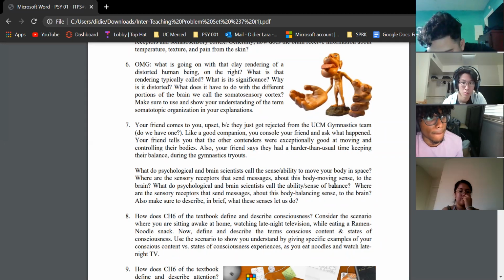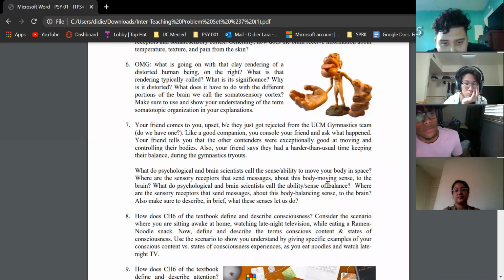For that one, the vestibular sense is responsible for balance. The receptors are located in the ears, which have semicircular canals lined with hair to sense head rotation and acceleration. And the last part of the question was, what does it let us do? It lets us walk, do gymnastics, all that.